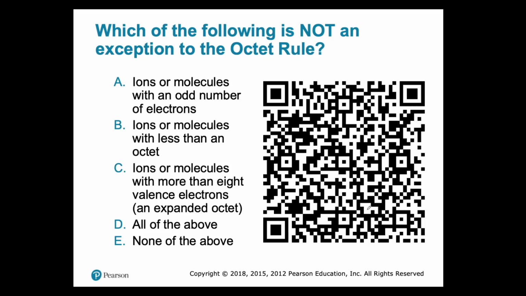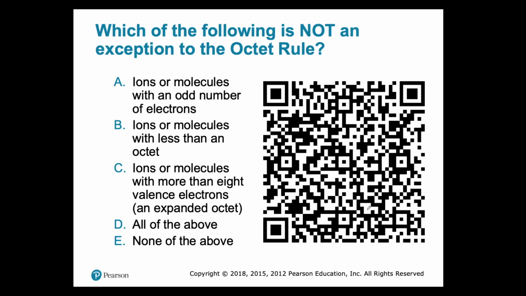Okay, so the answer to this one actually is none of the above because they are all exceptions to the octet rule. All of them are. Right? So that's an easy question. Make sure you know that answer so you can answer it correctly on the test. That's a really easy question considering I just talked about it. Yeah, it says what is not.